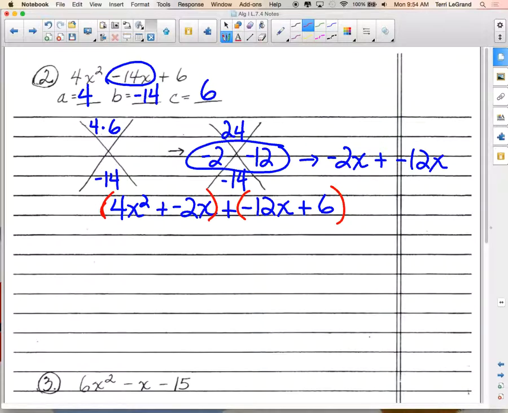Okay, go ahead and GCF each of these groups. Get each of the groups factored.